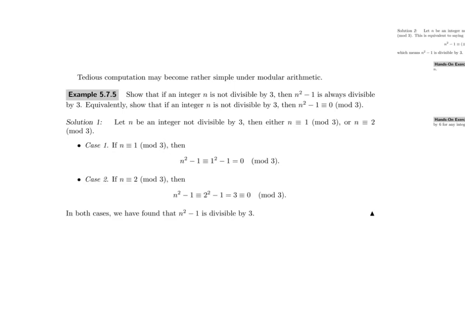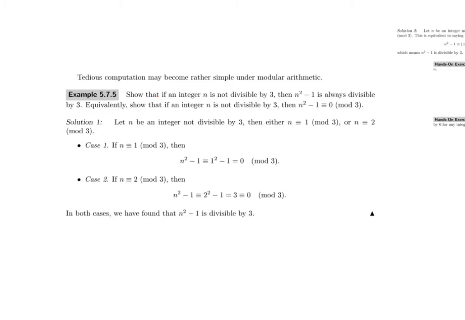There's some pretty cool, interesting things you can prove using modular arithmetic, using this notion of a congruence. You can prove some more general facts in easier ways. Here's an example. Show that if an integer n is not divisible by 3, then n squared minus 1 is always divisible by 3.